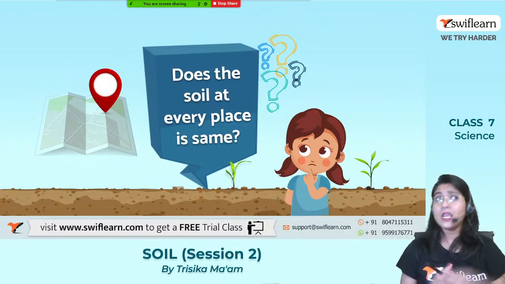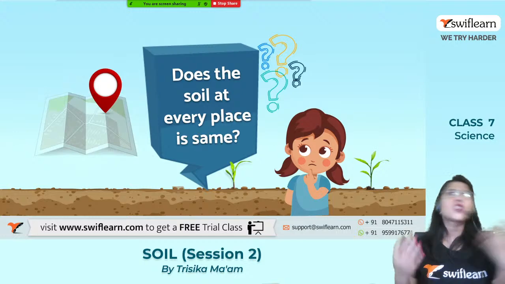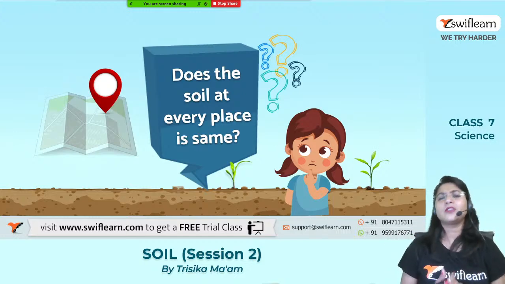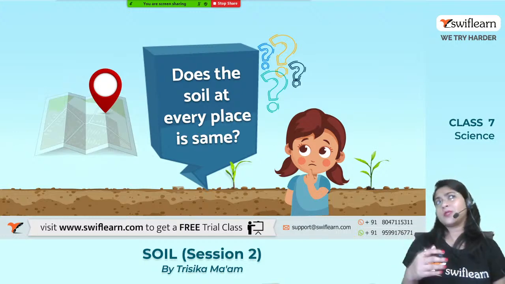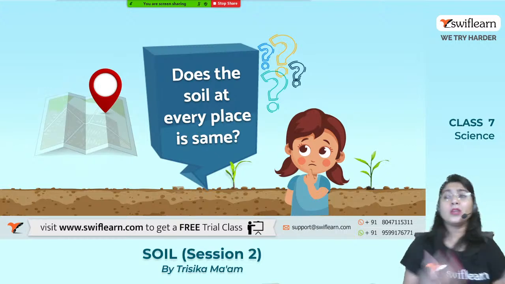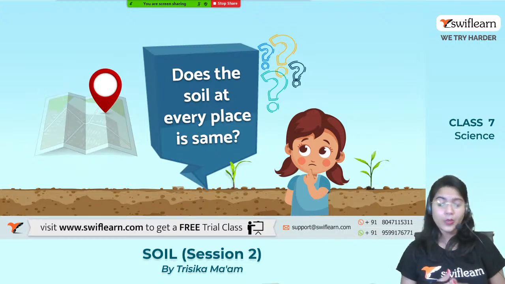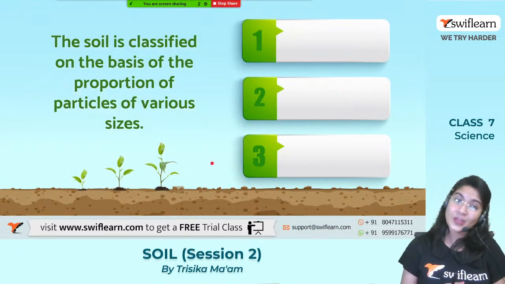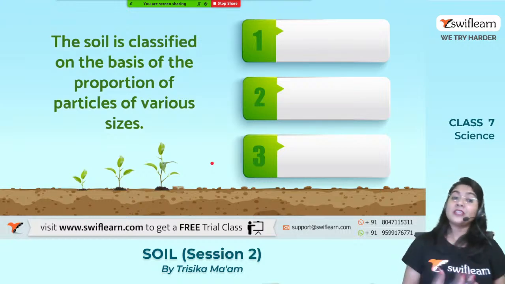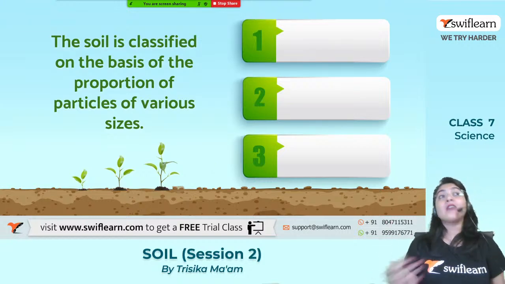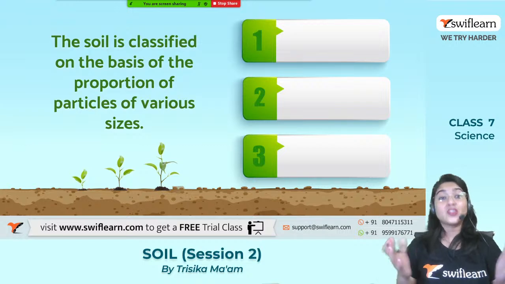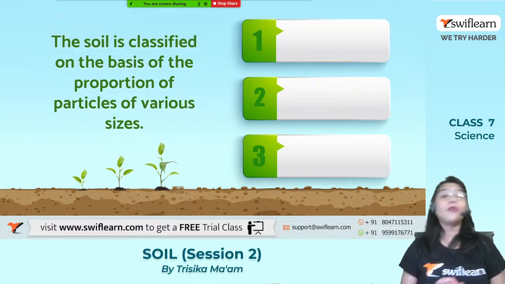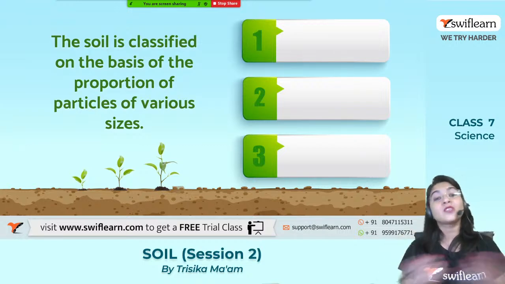You can imagine all the various types of crops which are grown in the different soils. What type of crops are mainly grown in which region of India? We have discussed all these things, right? So they are different in different places, right? So the soil is different in different places, and we can classify this soil mainly on the basis of the proportion of all the particles which are present within it, right?